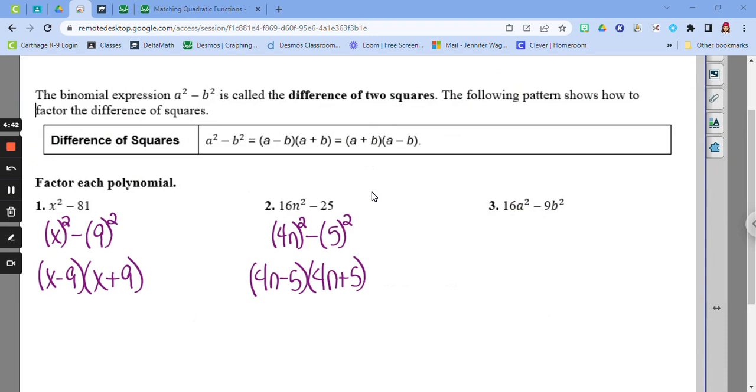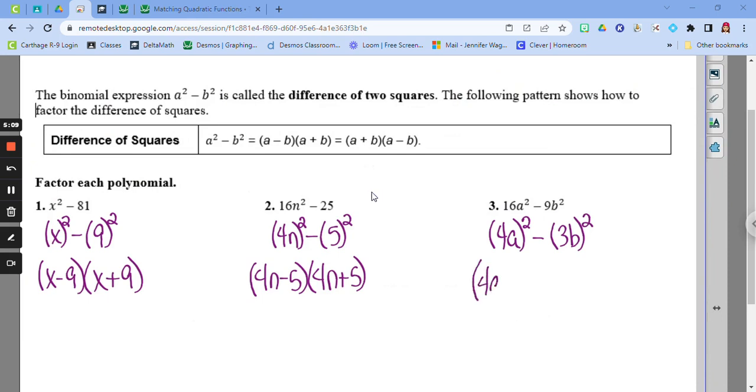So the last one, 16a squared minus 9b squared. Well, we already know 16a squared can be written as 4a squared. 9b squared can be written as 3b squared. So once again, difference of two squares.